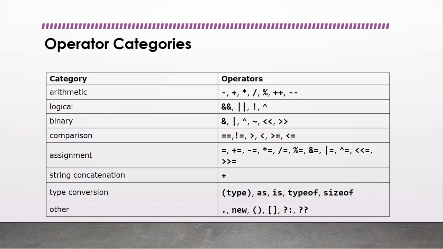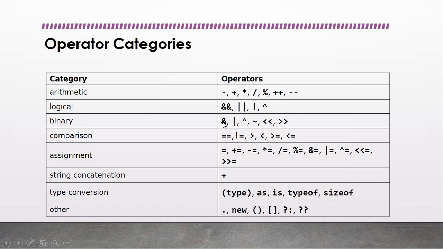We can categorize these operators in C# like this. Arithmetic are minus, plus, multiplication, division, modulo, increment, and decrement. Logical operators like and, or, negation, and exclusive or.